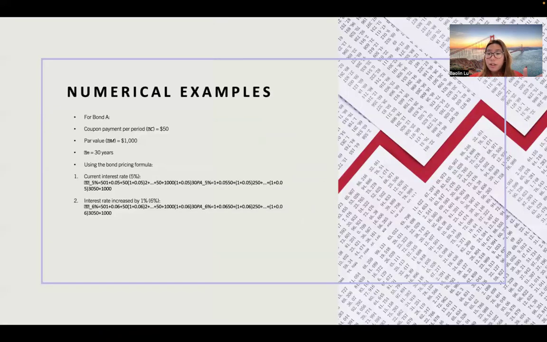So I'm going to provide a numerical example here. For bond A, let's say the coupon payment per period is $50, the par value of this bond is 1,000, and the maturity is in 30 years. Using this bond pricing formula, the current interest rate is at 5%, and then the interest rate increases by 1%.